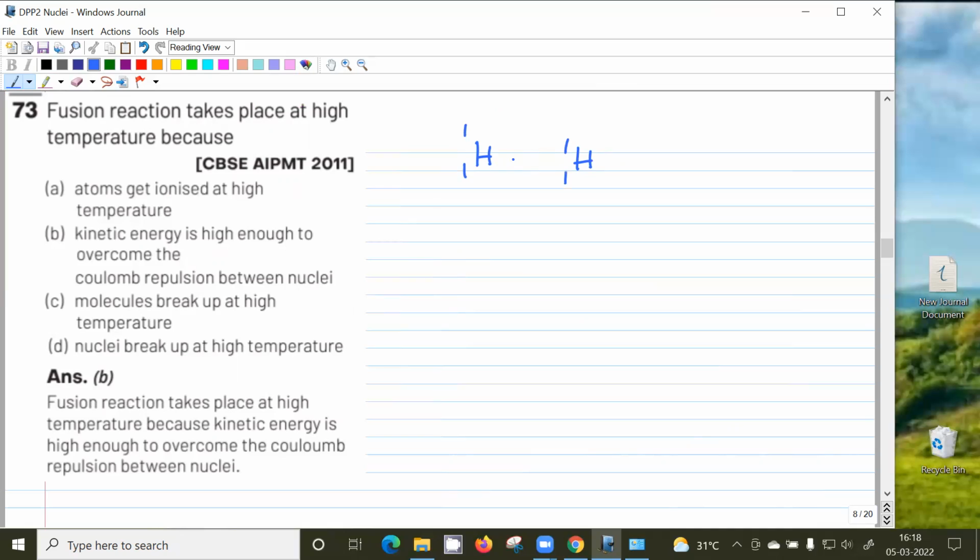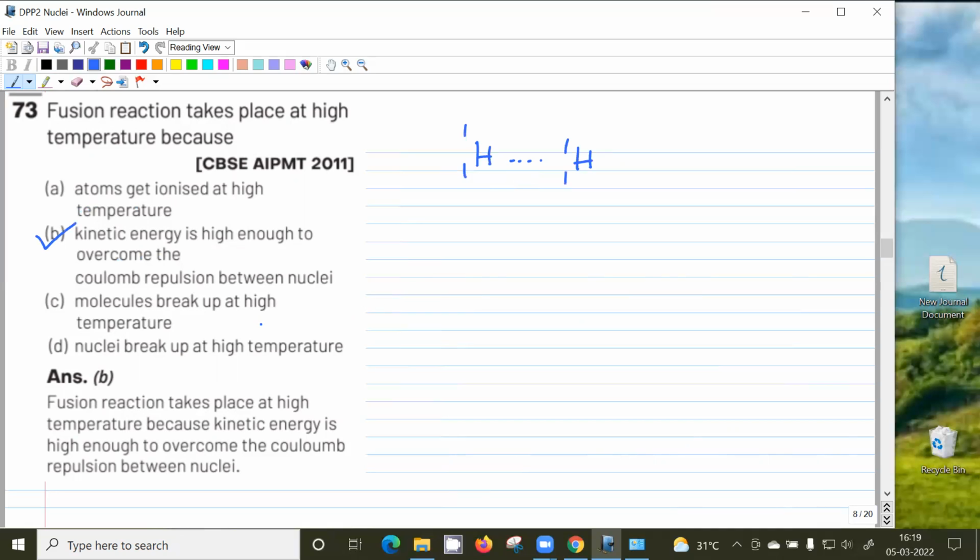See, for fusion reaction, you have to bring these two hydrogen nuclei together, and in trying to bring them together, there will be a repulsion. So to overcome this repulsion, you have to supply some energy. So B is the correct answer. This is a theoretical question.